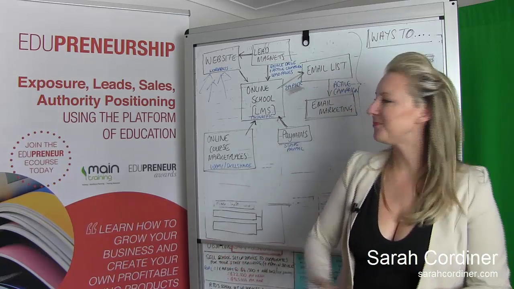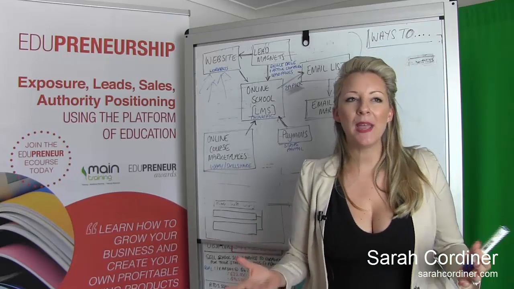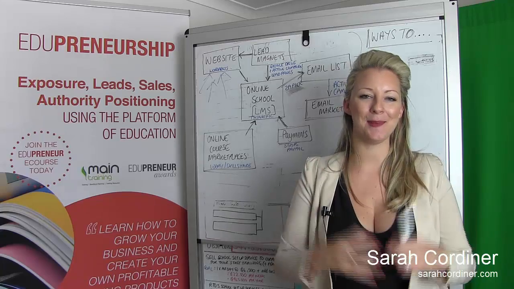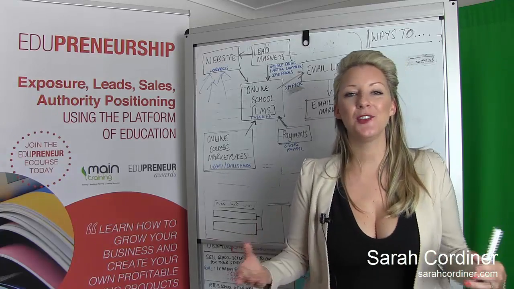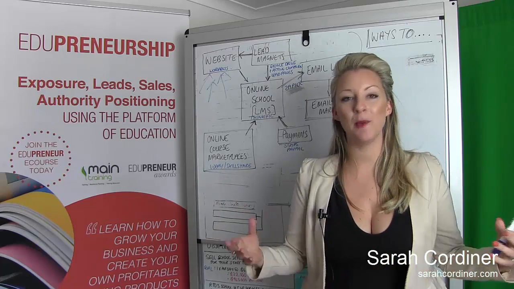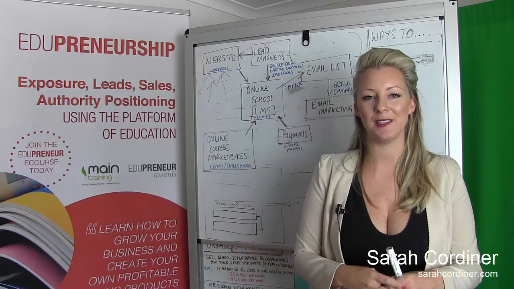Right, let me explain. So, online course marketplaces are a bit like supermarkets. This is kind of the analogy I like to use to help people understand this principle. So, a supermarket has lots and lots of customers coming through. A supermarket sells multiple different products by multiple different brands and businesses.